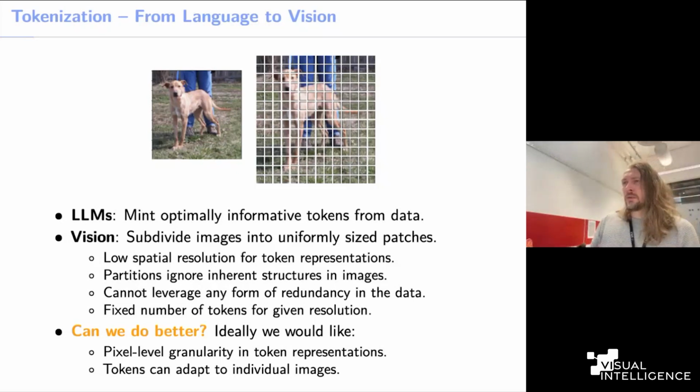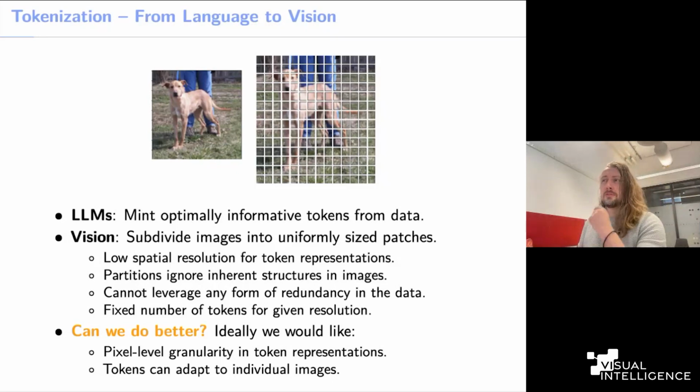So what we ask is, is it possible to do anything better than this? Ideally, we would like to have pixel level granularity in the token representations. And we would ideally like for the tokens to adapt to individual images.